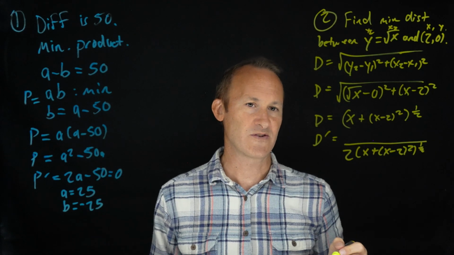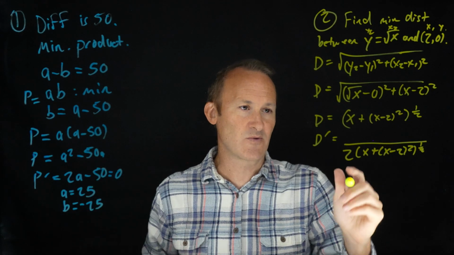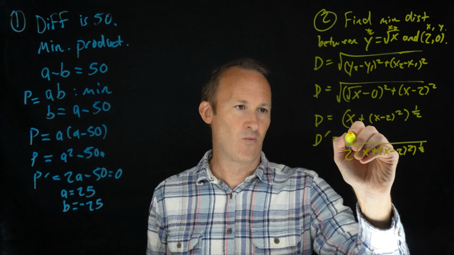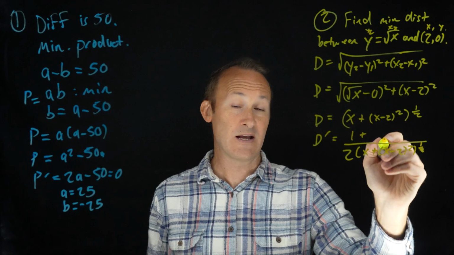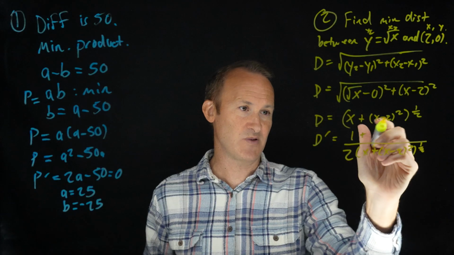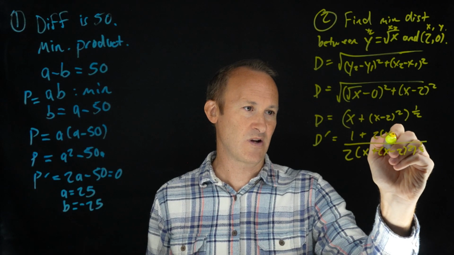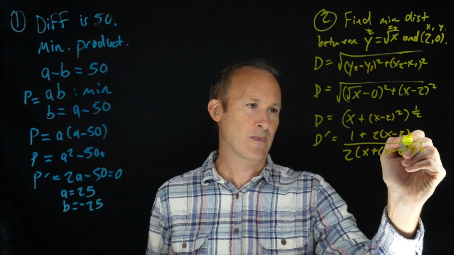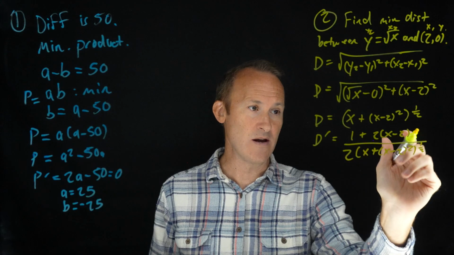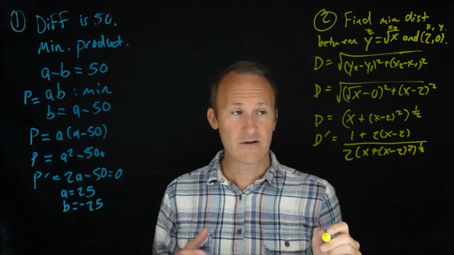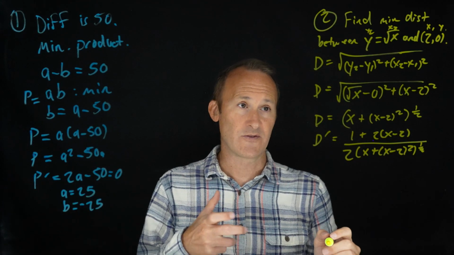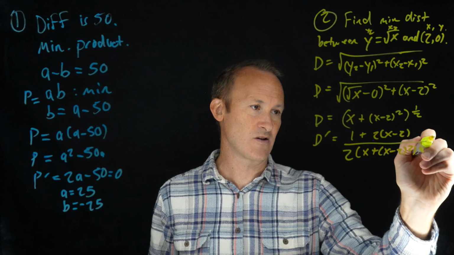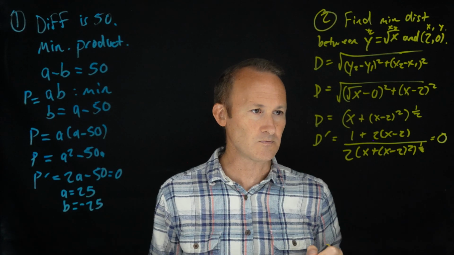And then by the chain rule, we have to multiply by the inside. So what's the inside? It's 1 plus, now we've got a double chain rule, the derivative of this piece, that's 2 times x minus 2, and then times the inside, that's just 1. And we've taken the derivative, so to find the minimum or maximum, we set it equal to 0.